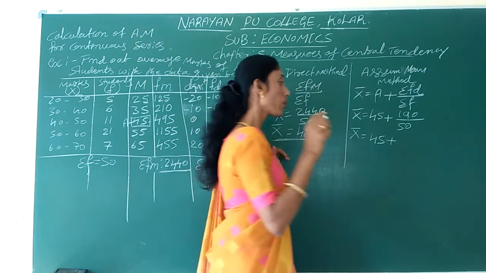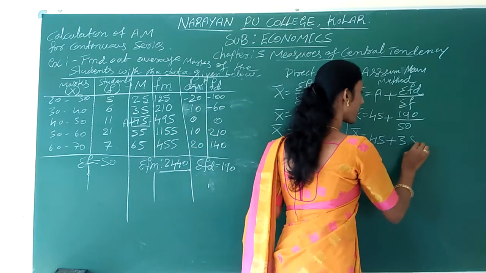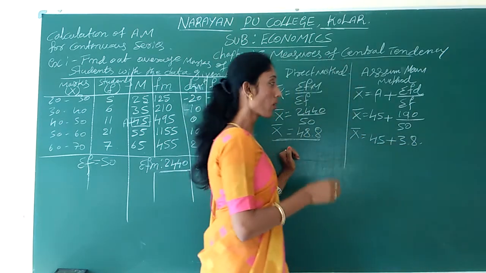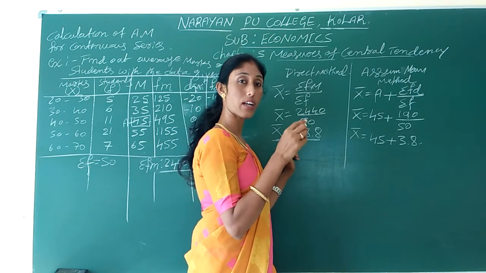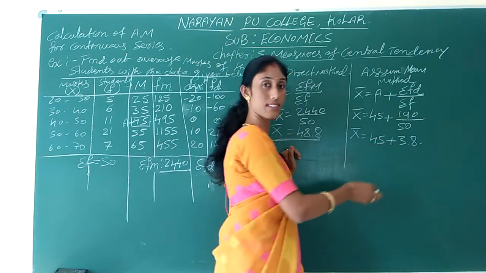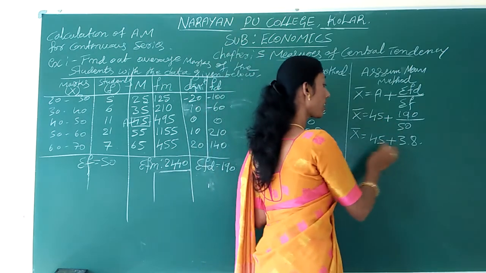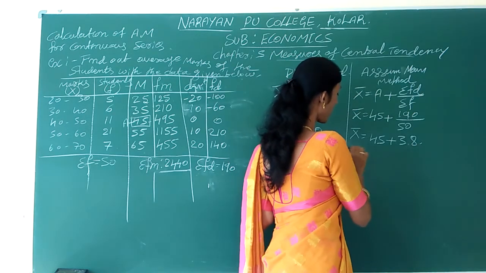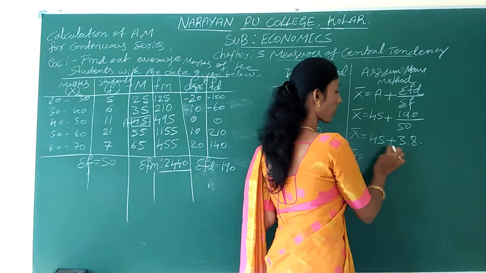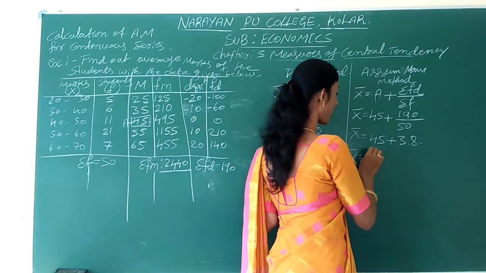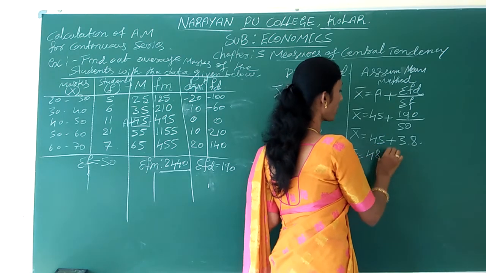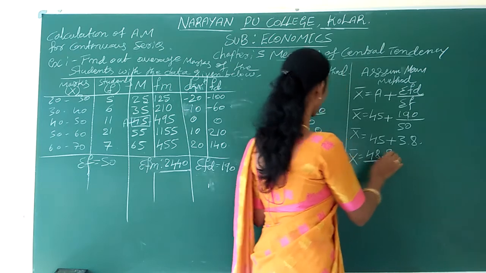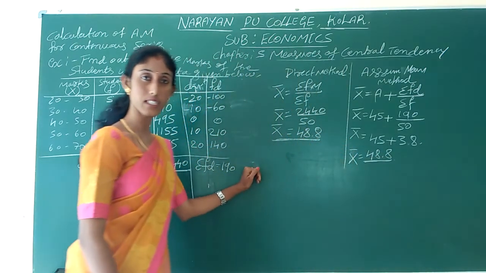If we do that, we will get 3.8. You can use a calculator also, and you will get 3.8. Then x bar is equal to 45 plus 3.8. We will get 48.8 as the answer. Same answer we obtained, right?